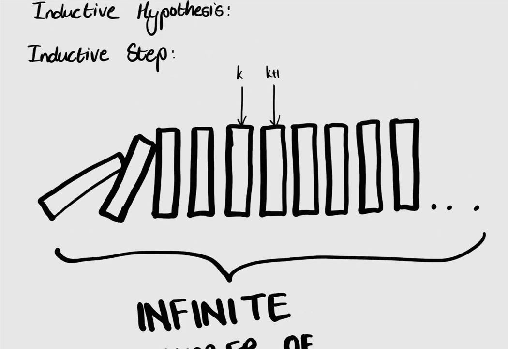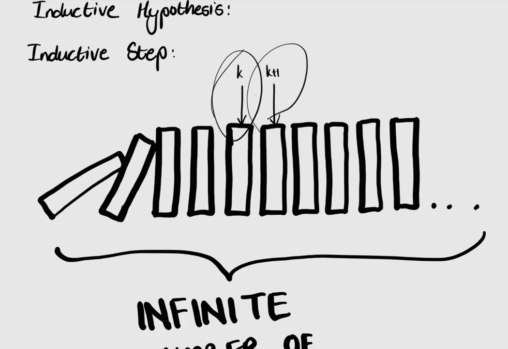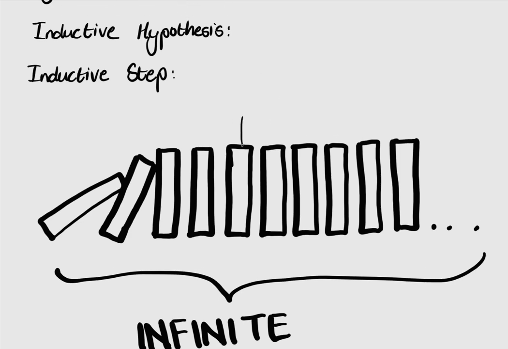Those two steps are called the inductive hypothesis and the inductive step, respectively. The inductive hypothesis is the one where you assume K, and the inductive step is the one where you prove K plus 1. You don't assume, you prove K plus 1.